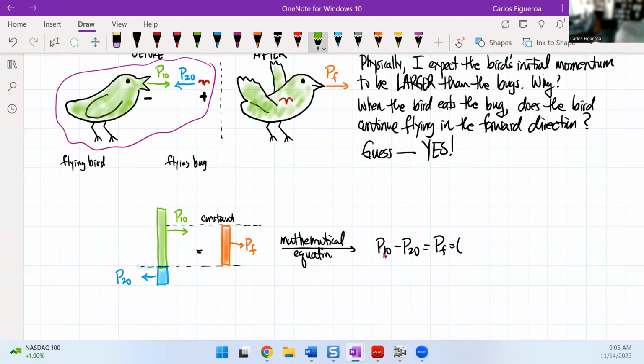And I tried to draw the bird with wings, showing you that it's still moving to the right here. And you could see here is that now, not only does it have the mass of the bird, but it has the mass of the bug too. And they're moving forward in the positive direction.